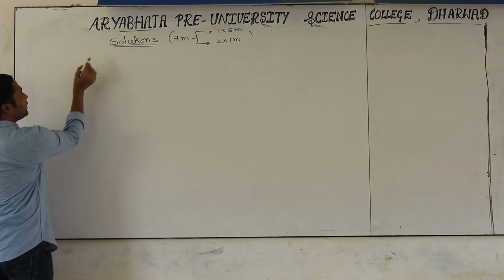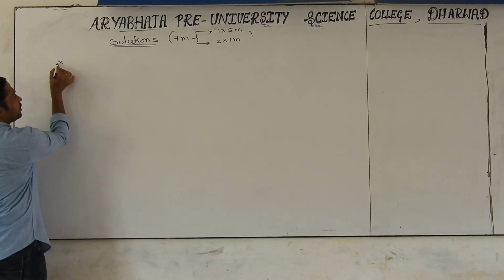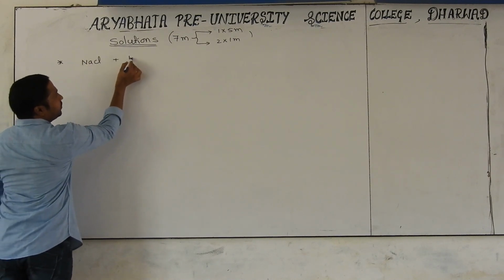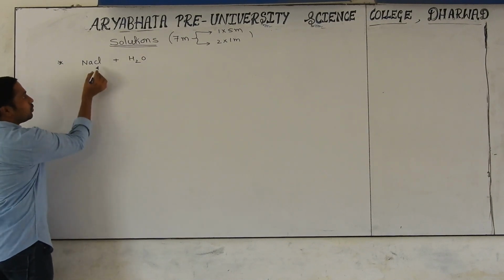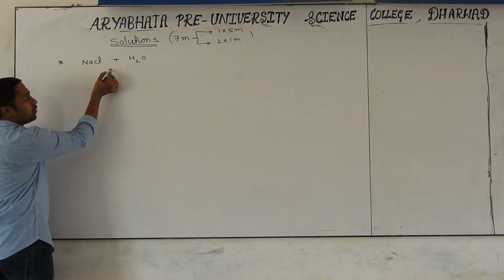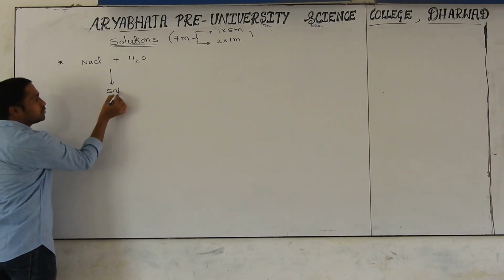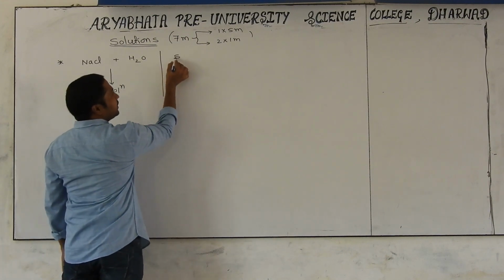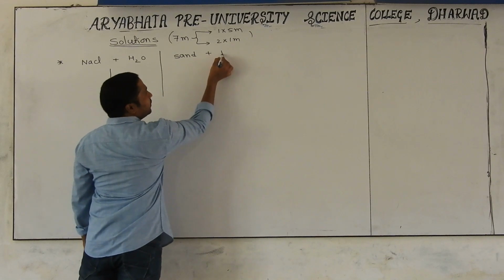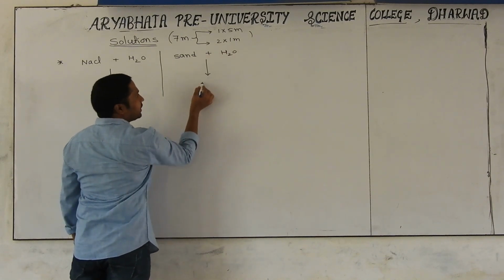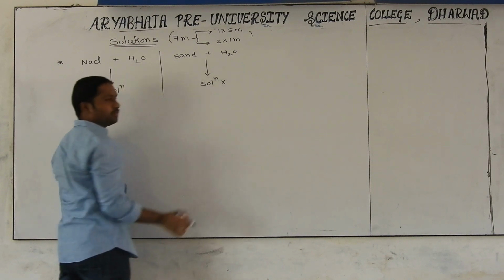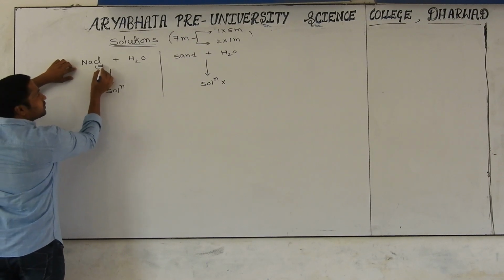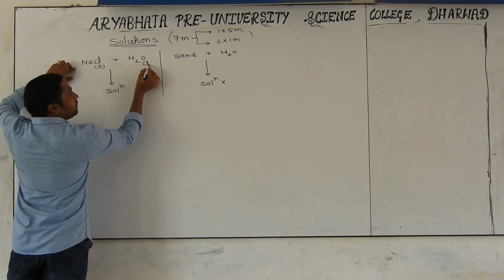First of all, we are taking an example. See carefully. First I am taking NaCl dissolved in water. If you take NaCl in water, we get a solution. If you take another composition, sand dissolved in water, we do not get a solution. Why? What is the difference here? NaCl is a solid substance and water is a liquid substance.